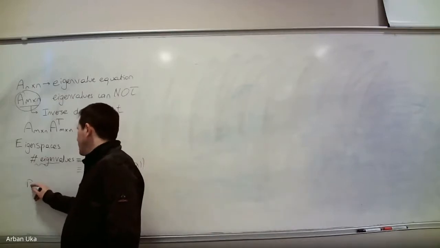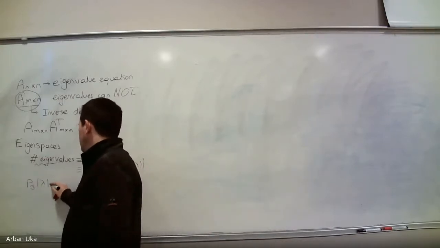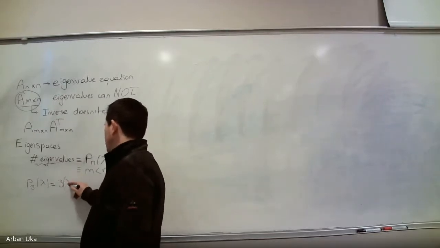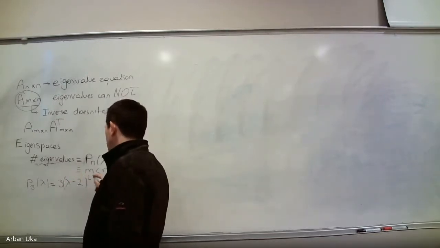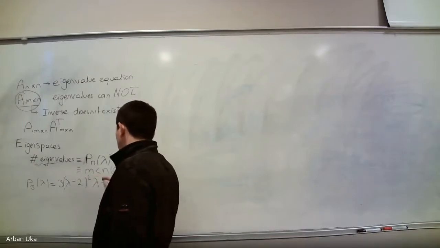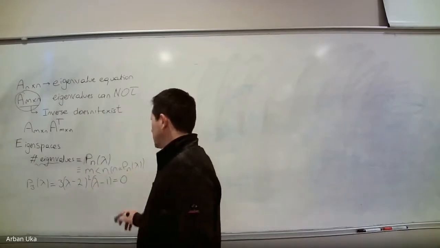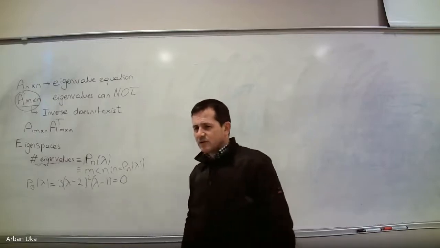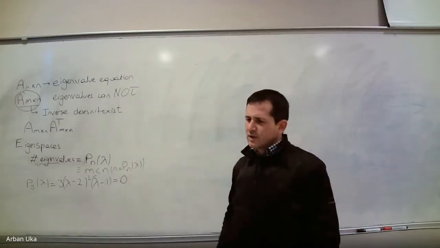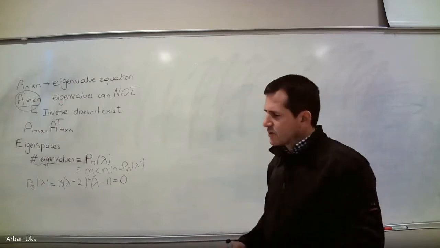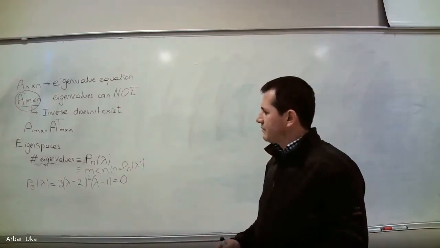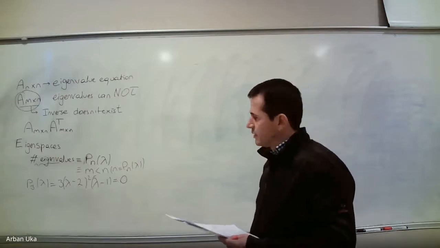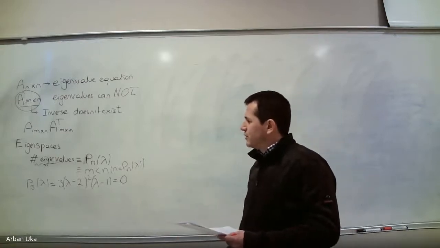We can have a P3 in lambda, a polynomial of third degree in lambda, which can be 3 times lambda minus 2 squared times lambda minus 1, equal to 0. So it's true, we don't have 3 distinct eigenvalues in this case. So what could happen with the number of eigenvectors, or is the matrix even diagonalizable at all? But we'll come to this point.